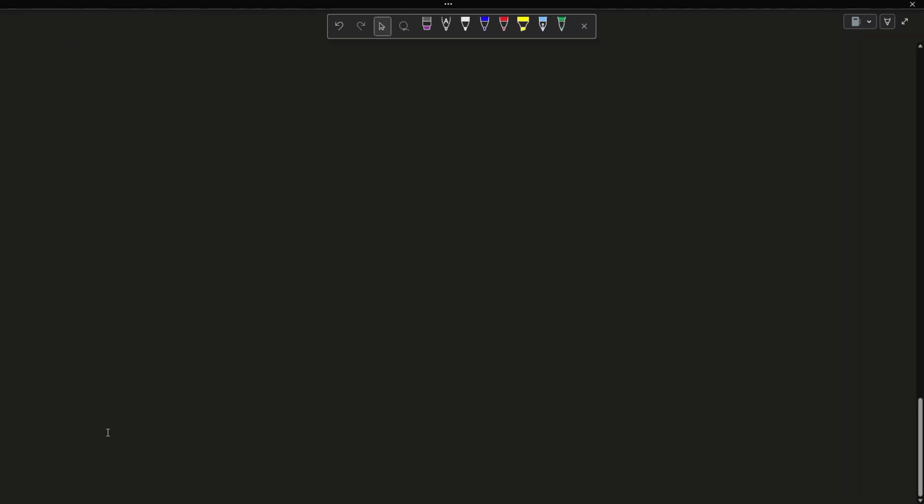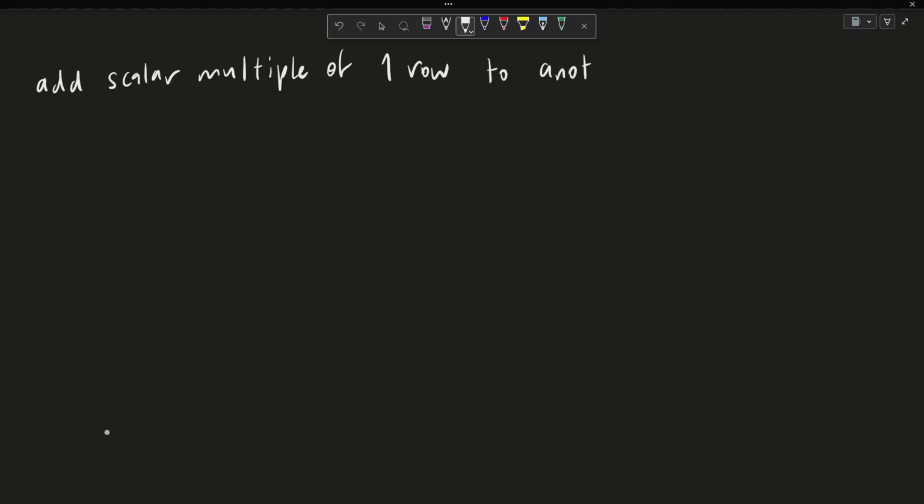Finally, what happens if we add a scalar multiple of one row to another? Well, in this case, the determinant doesn't change.